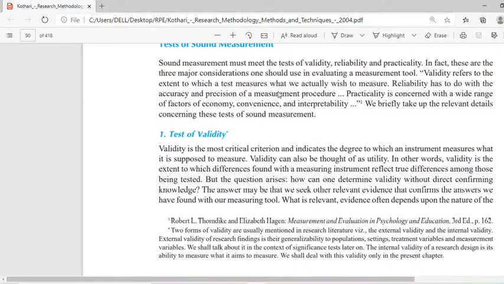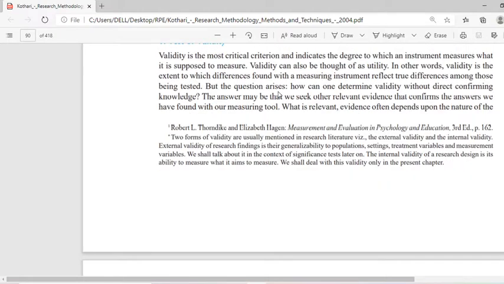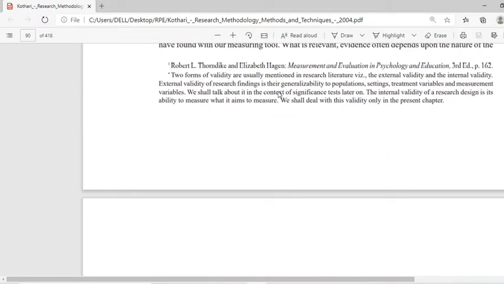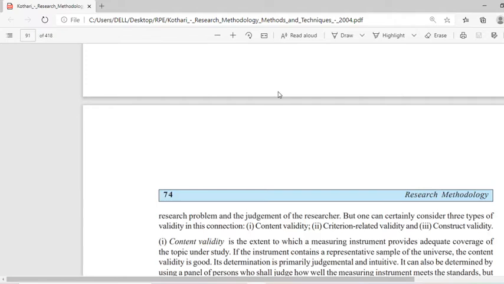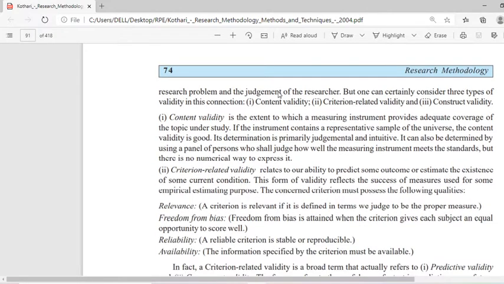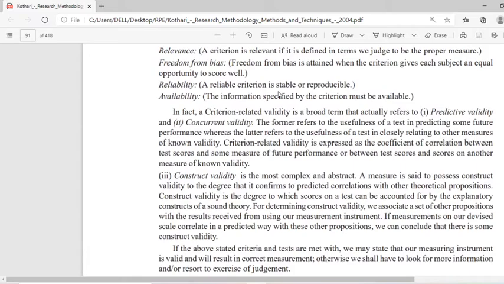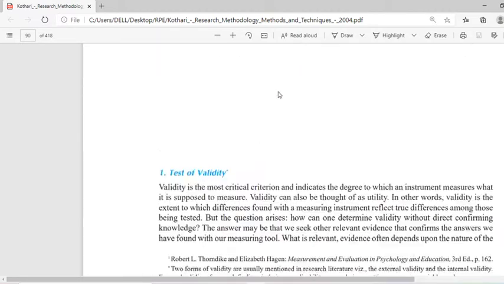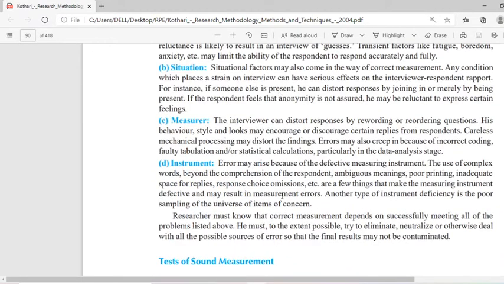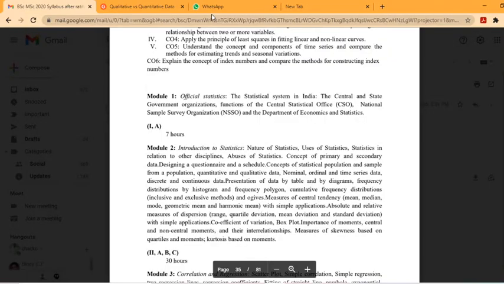Each and every piece of information is provided in this book for conducting research, like qualitative data, quantitative data, scales, variables, and analysis steps. Everything you can see. So you can refer to this book. This is a good book. I will share it with you, and you can use that also. Okay.